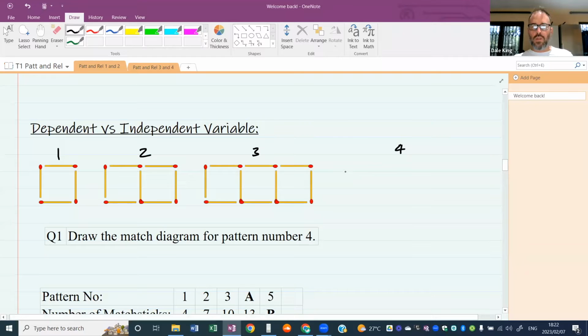I'm going to start drawing it now, and then you can have a look and tell me if you get something similar. Now I'm like Pablo Picasso here.